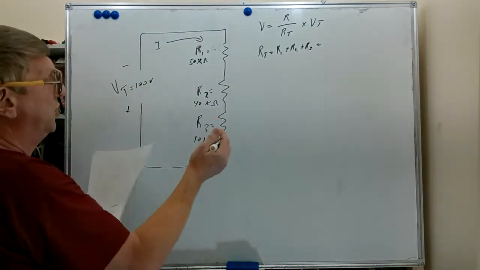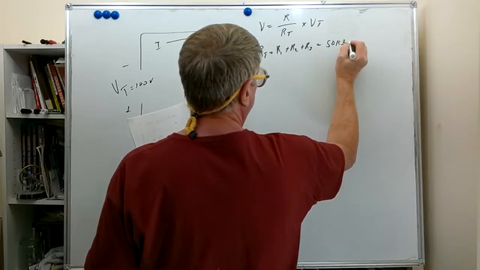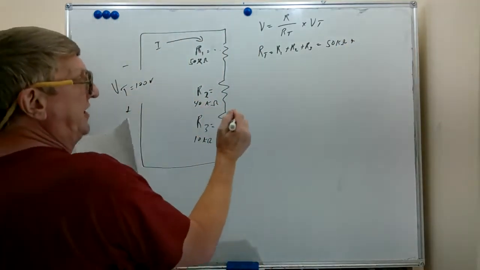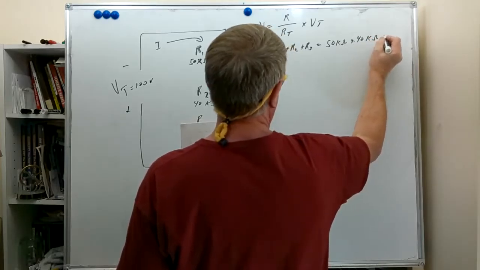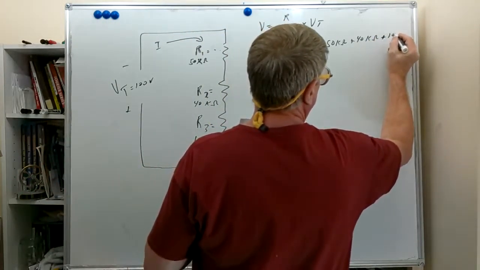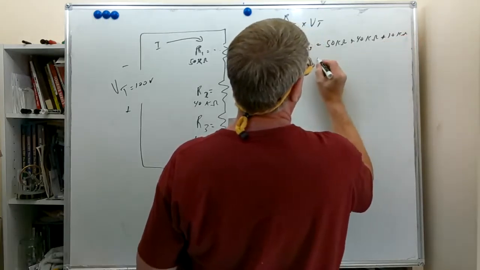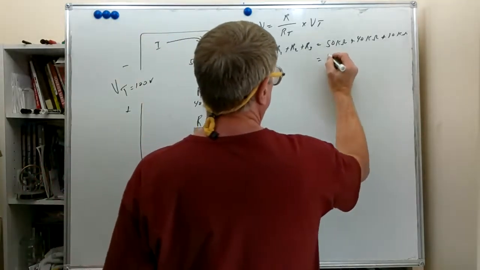In this case, R1 is 50k ohms, plus R2, which is 40k ohms, plus R3, which is 10k ohms. And you'll notice that 50 plus 40 plus 10 is 100k ohms.